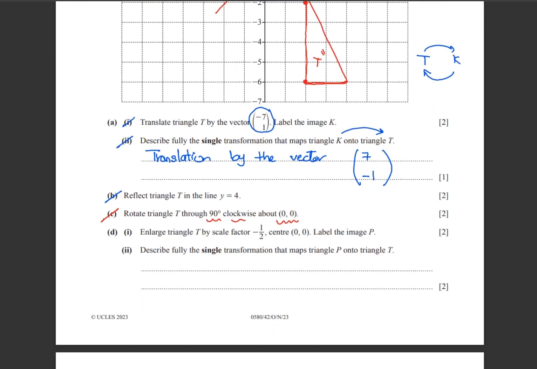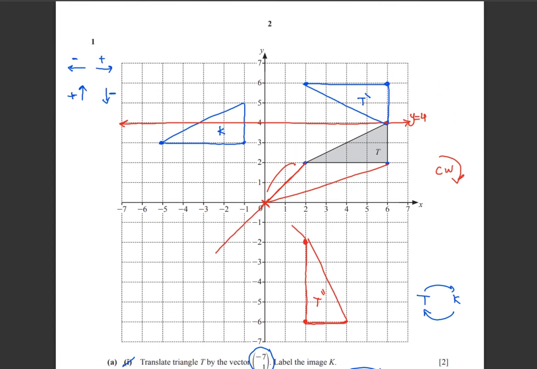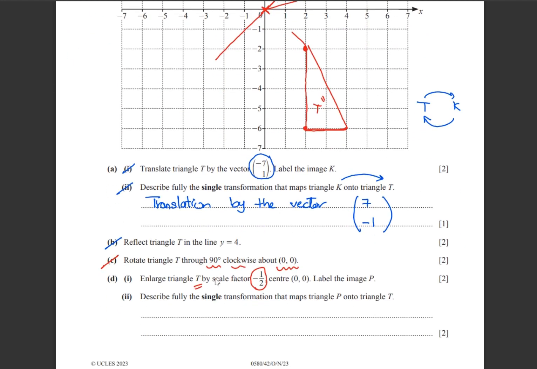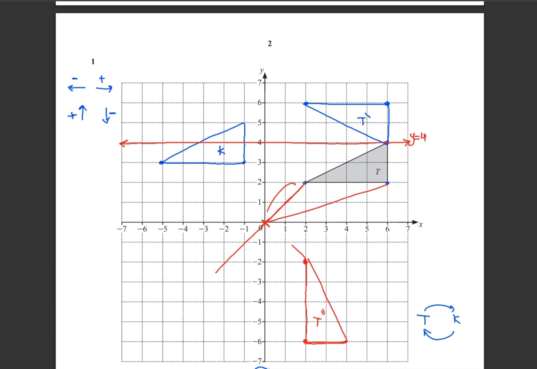Okay, then enlarge the triangle T by a scale factor -half. So what should I do? First of all, I am going to write the points of triangle T. He is asking me about triangle T. So I'm going to put the points of triangle T. I have this point, which is 2 and 2. I have this point, which is 6 and 2.